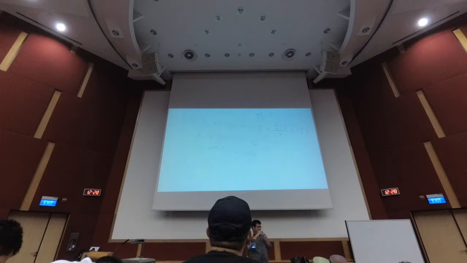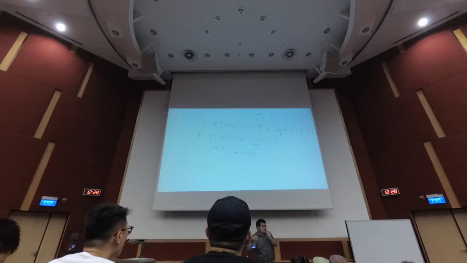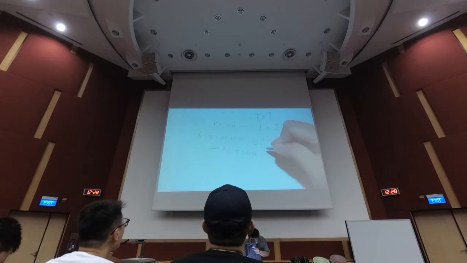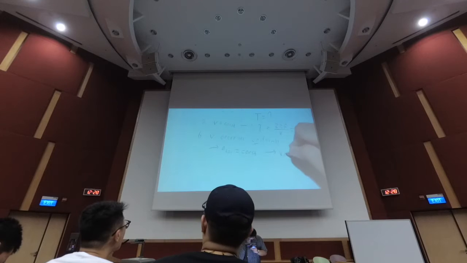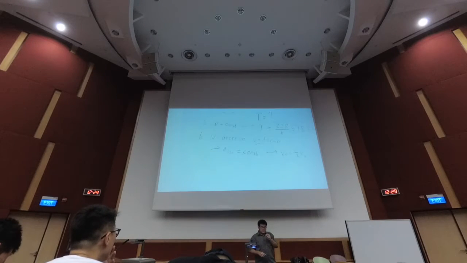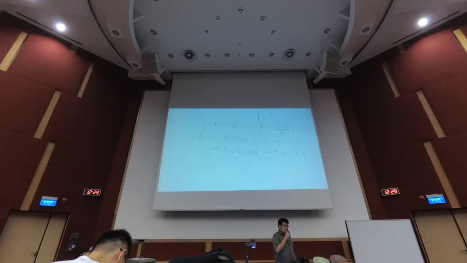Oh, sorry, I didn't read the question properly. The final speed is actually given. So the final speed is half v0. Which kinematic equation should we use?